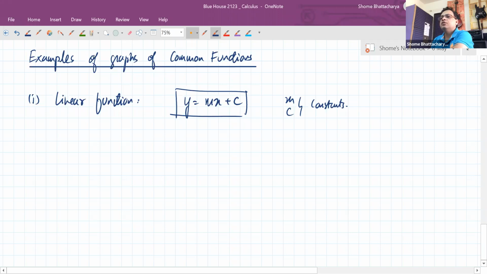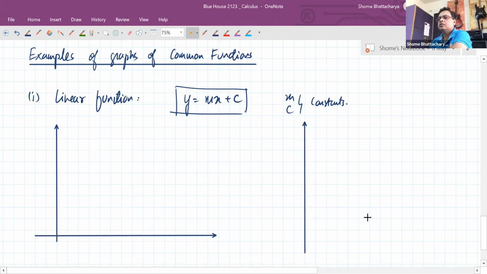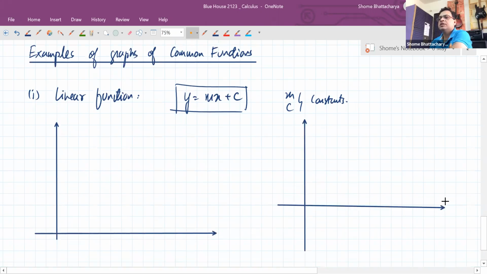Depending on the value of m and c, the straight line can have a positive slope or a negative slope, can have a positive y-intercept or a negative y-intercept. All these different possibilities are there. So let's take some examples.